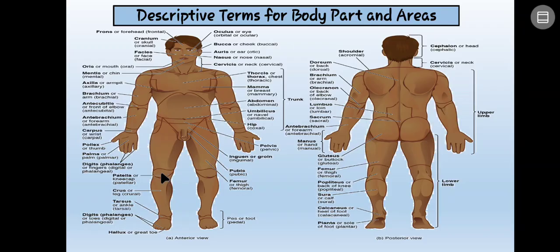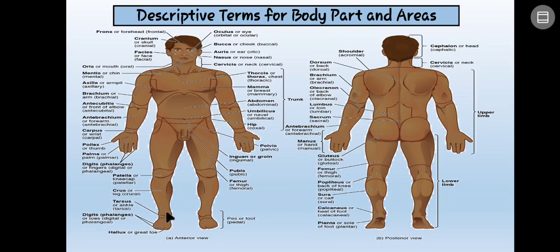Then from the femoral region or the thigh, we have the patella or the kneecap, the patellar region or the kneecap. Then below the patellar region, we have the crural region, from the patella to the tarsus or the tarsal region. We call it the crural region.